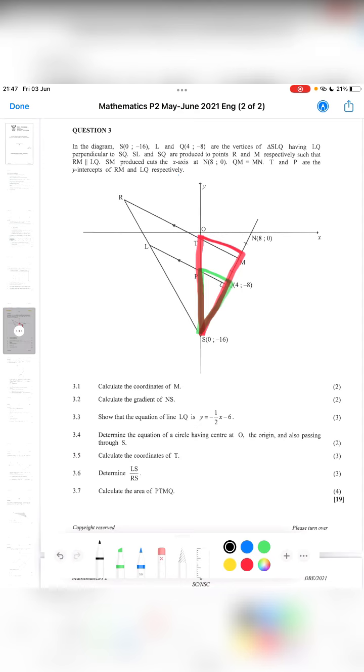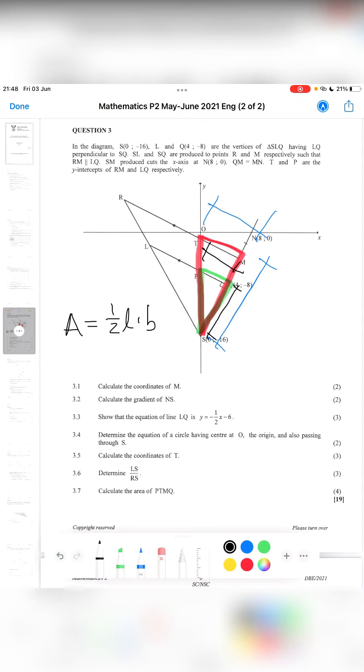So in short, ladies and gentlemen, Koli says, because I know that the area of a triangle is half length times breadth, what she's going to do is calculate that distance, and that distance over there, and again that distance there, and that distance there. You will have to calculate 4 distances.